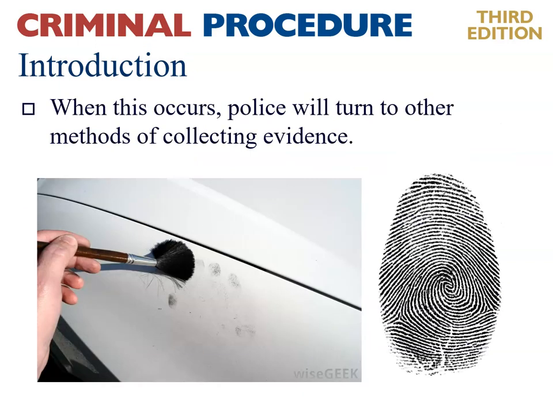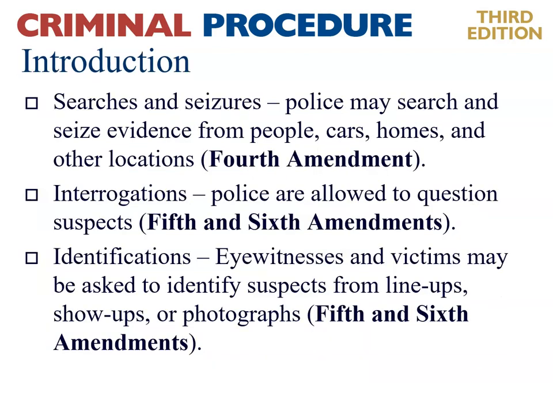So when this occurs, we have to turn to other methods of collecting evidence, and it could be fingerprinting, it could be what we're going to cover here in just the next second. So with all that being said, let's talk about the other methods of collecting evidence.